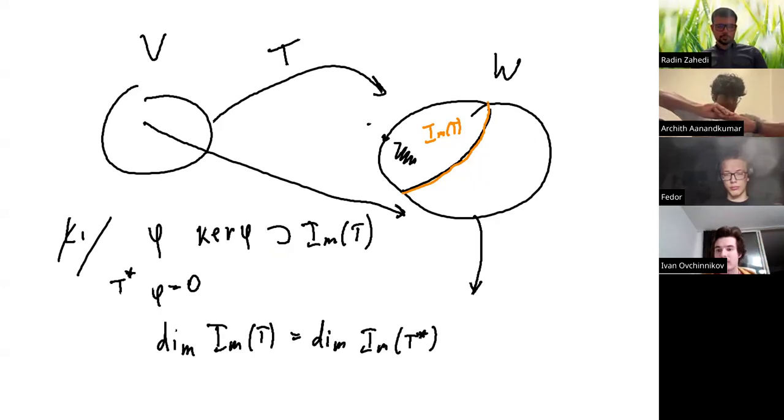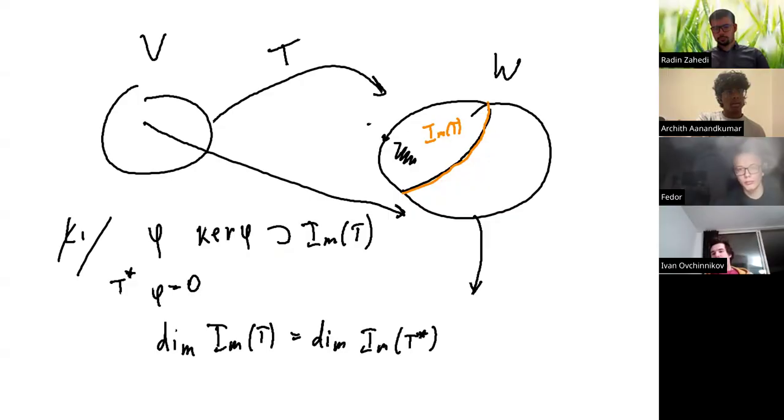The statement that column rank and row rank are equal sounds like an easy thing to understand, but it actually has something deep in it that says something about the dual space and not just T.